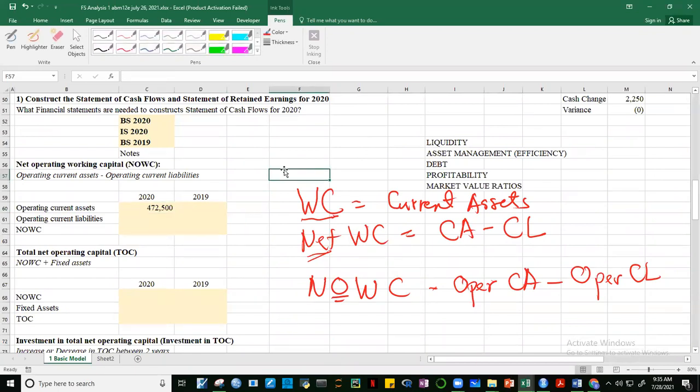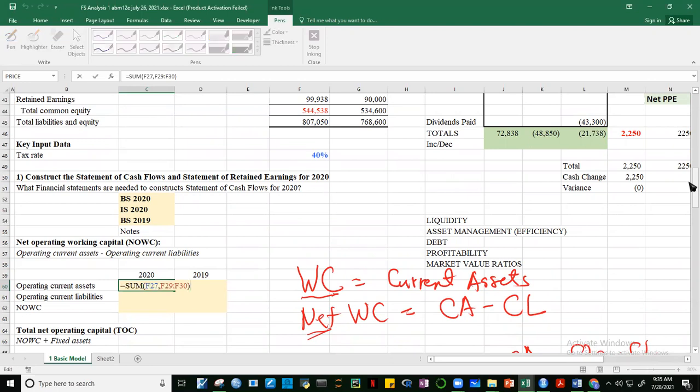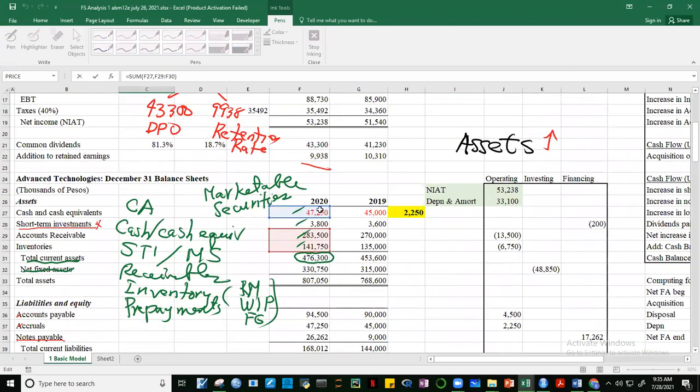And while we're here, guys, pwede ba natin makopy itong formula na ito to the right? Yes or no? Paki-chat nga, please. Yes, correct. Pwede natin i-copy kasi magka-column naman yung 2020 at saka 2019. Pag kinopy natin to the right, lilipat lang siya dito, which is what we need.